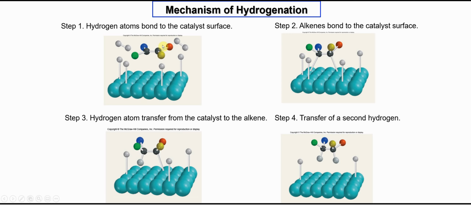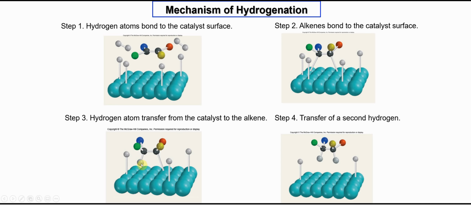And you also have your alkene. You have your alkene with that double bond. That double bonded carbons are going to be attracted by the surface of your catalyst. That's your second step.